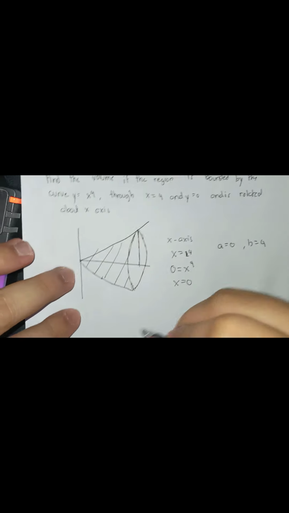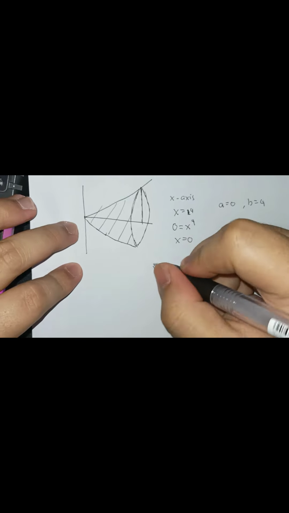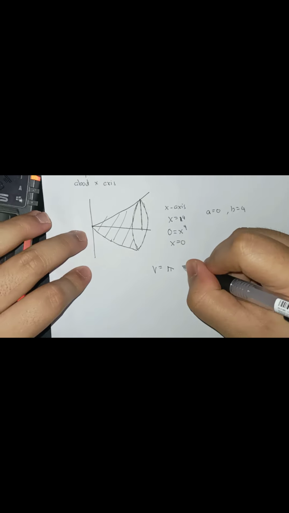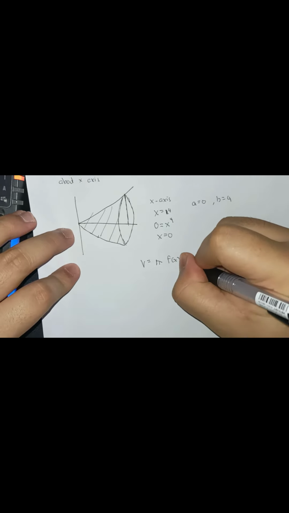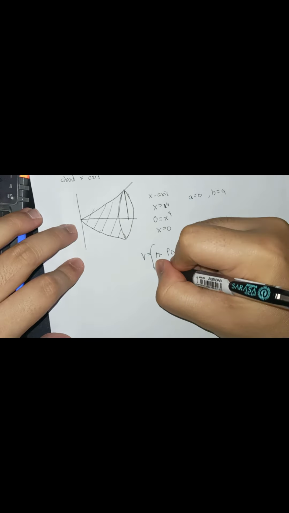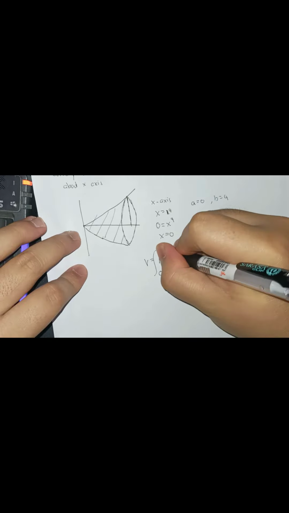And here's our formula for the volume in the disc method, which is volume equals pi times f of x squared dx. Forgot to place an integral here, and then 0 to 4.